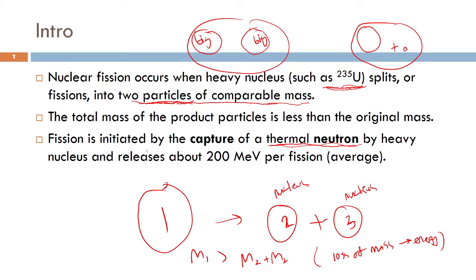In general, fission is initiated by the capture of a thermal neutron by a heavy nucleus, and releases about 200 mega electron volts. This loss of mass converted to energy is on average approximately 200 mega electron volts.